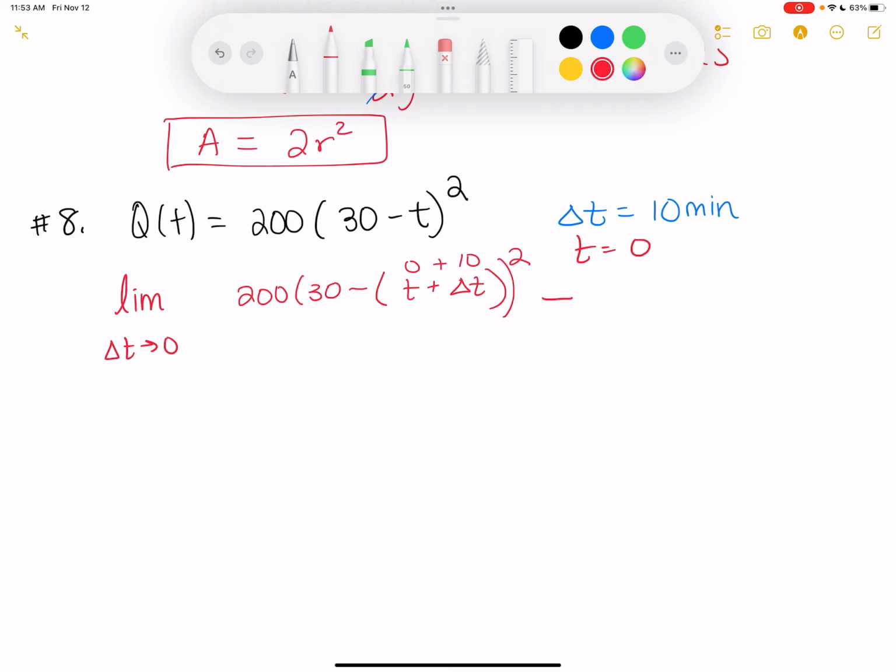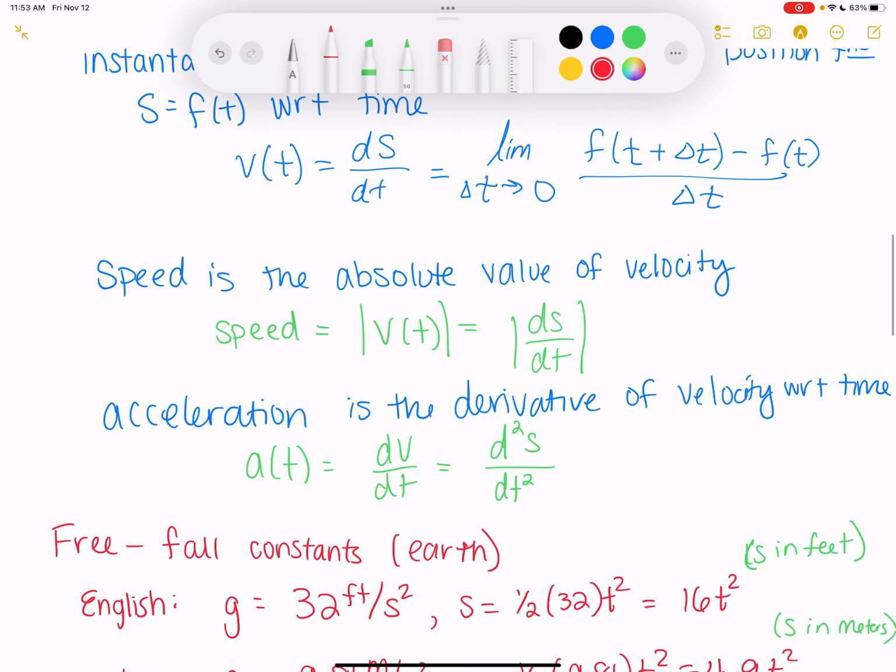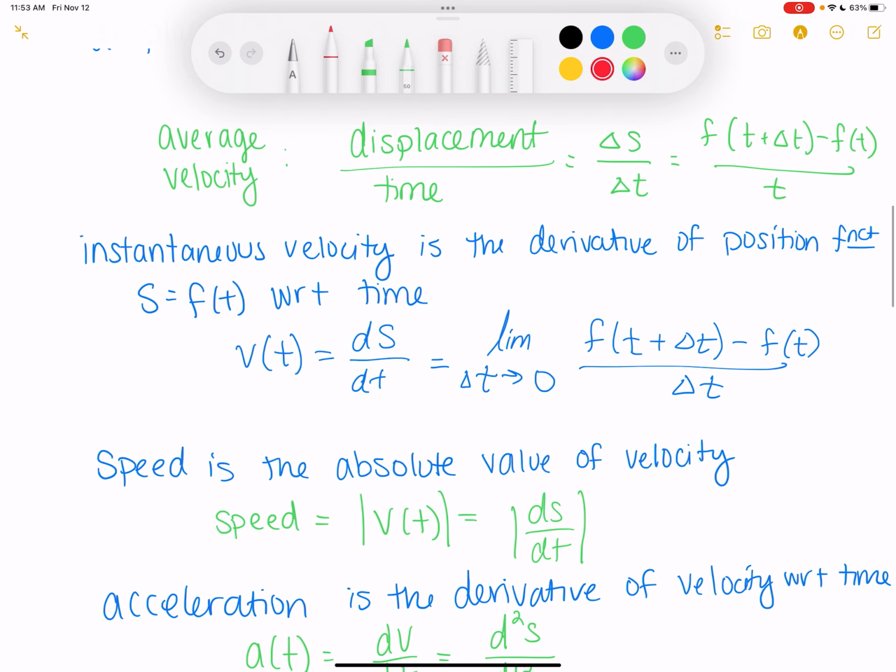minus, now we're putting in t, so 200 times 30 minus, or I think that's actually a delta t that goes in there. I think that's actually supposed to be a delta t right there. Hold on a second. I may have that part written wrong.